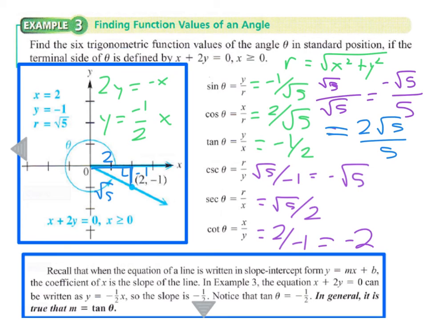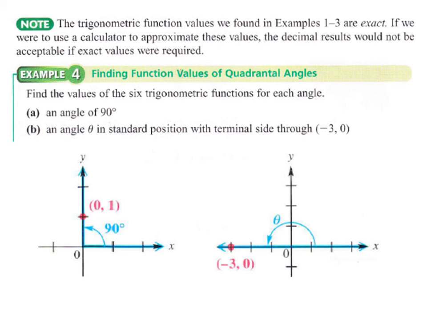So, the second of our objectives today was to find the 6 trig function values of quadrantal angles. So we're going to start by looking at an angle of 90 degrees. The difference here is if we have an angle of 90 degrees, then we can't really draw a triangle here.